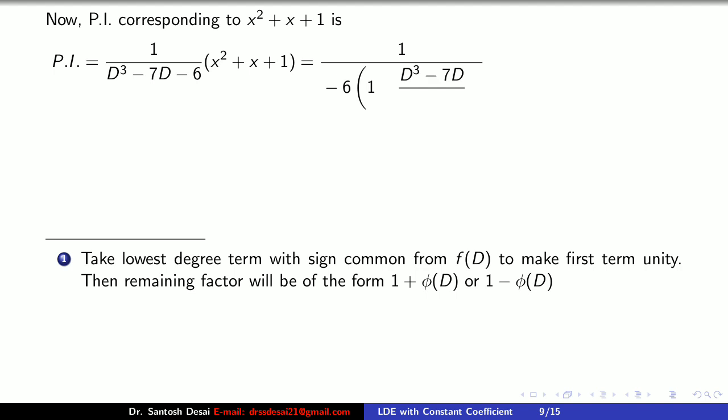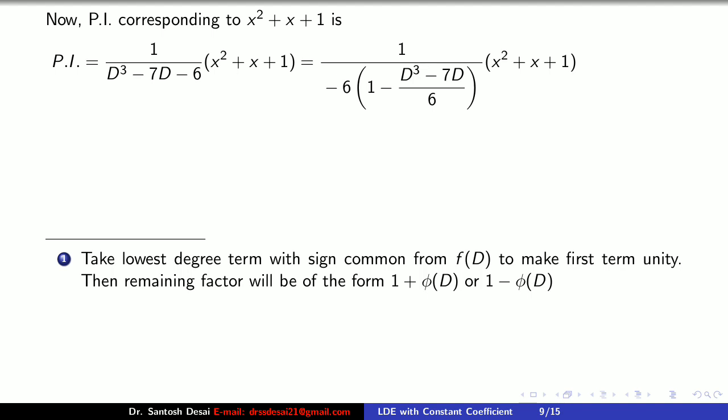So it is d cube minus 7d. In its denominator, just write down the number, that is 6, and the middle sign will be the sign of the number which is taken common. So the number taken is 6, its sign is minus, so therefore the middle sign is minus. Bracket complete into x square plus x plus 1.